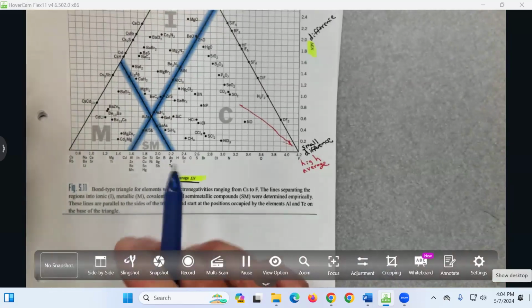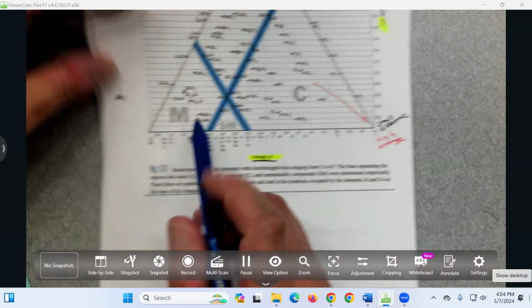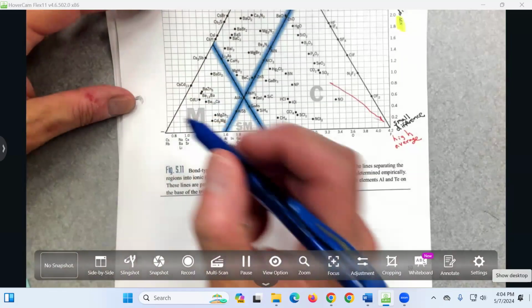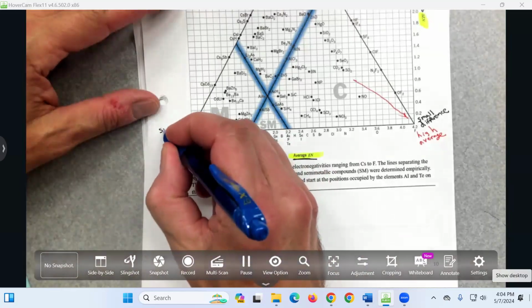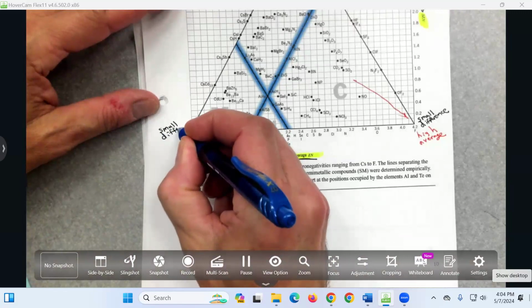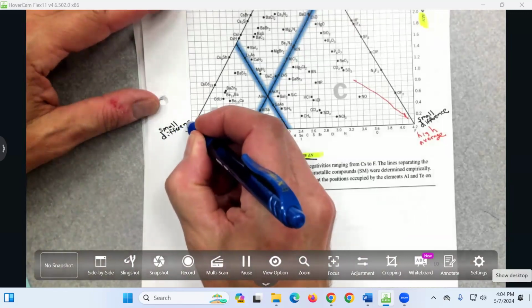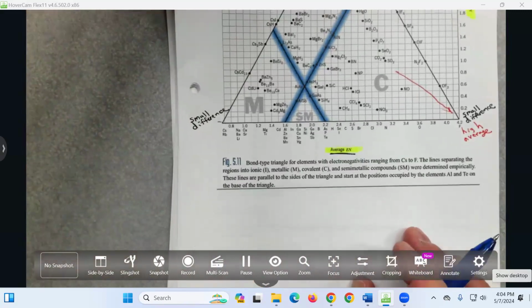And if you have a metallic bond in the opposite left corner of this triangle here, it's going to be a small difference on the y-axis.